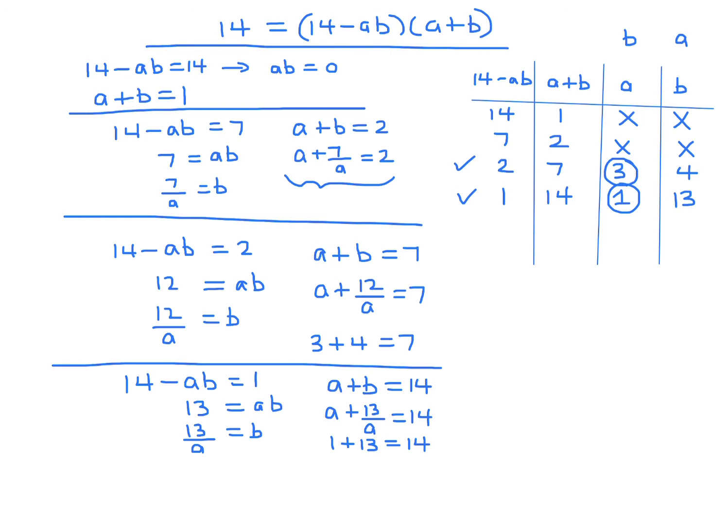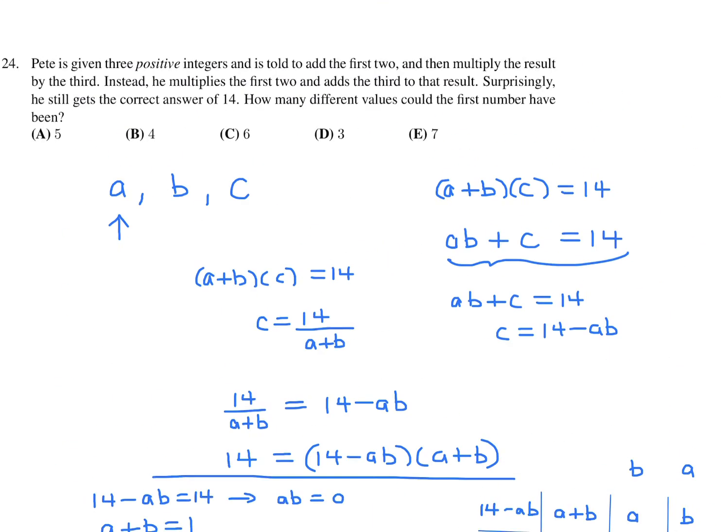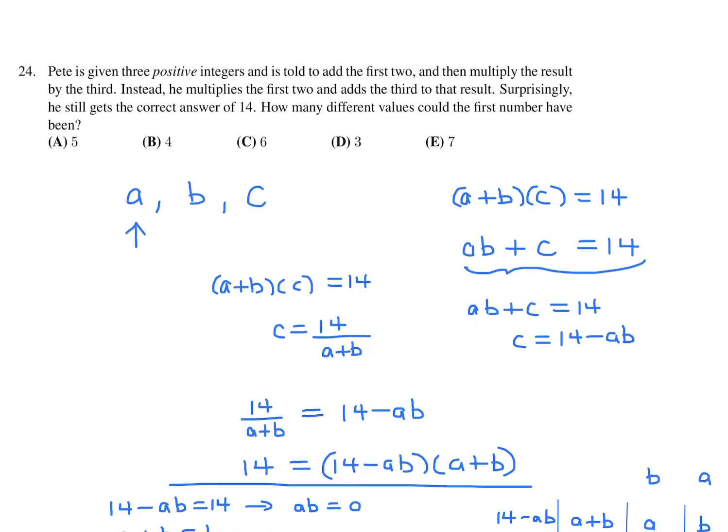And if you do that, you'll get values of a as 4 and 13. So a can be either 1, 3, or it can be 4 or 13. All right, I hope that makes sense. So I got 4 values, and that is definitely part of the answer choices. So number 24, the answer is B.